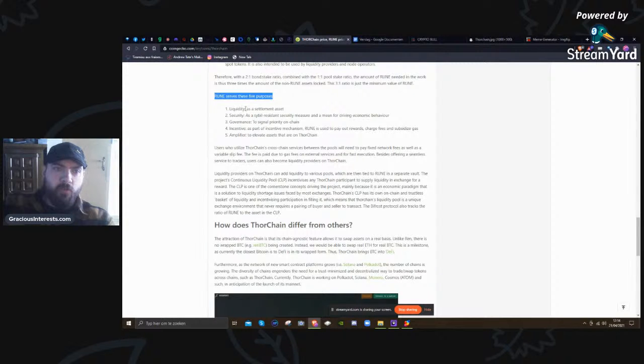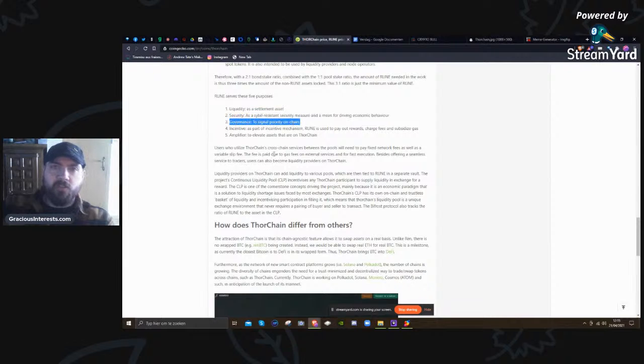It's used for liquidity as a settlement asset, so like I said, intermediary token. Security as a Sybil resistant security measure and a means for driving economic behavior. So in order to secure the blockchain, that's what it means. Governance to signal priority on chain.